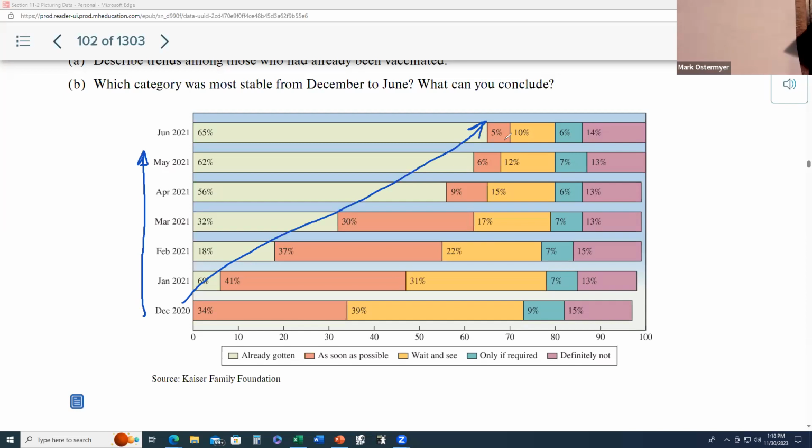What's the major change from 2020 to 2021? Most people got the vaccine. Yeah, basically, the number of people that actually receive the vaccine increases, and therefore the other categories tend to become smaller. So that's the overall big trend that the data is showing us. What I find interesting is what category is not changing.